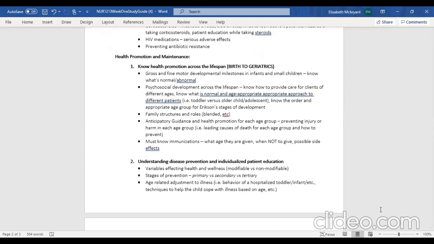For example, this toddler is exhibiting this behavior, is that behavior normal or not for a toddler? Or if they're in the hospital, what is their response to illness? What is their response to illness?